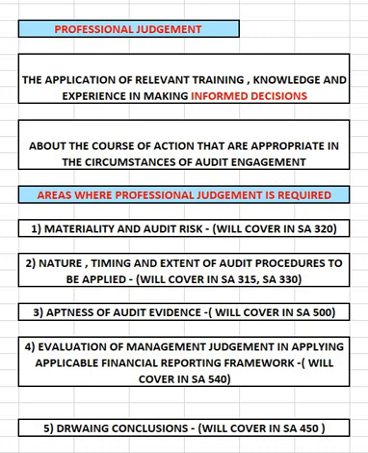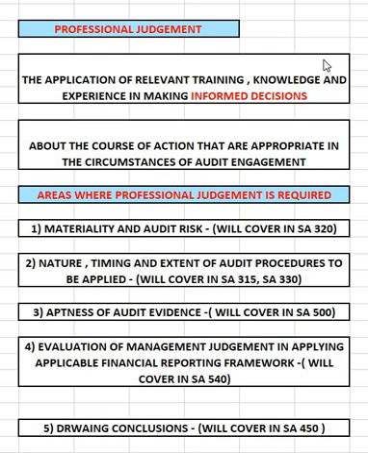So a very easy definition of professional judgment: the application of relevant training, knowledge and experience in making informed decisions about the course of action that is appropriate in the circumstances of the audit engagement. You have to take a course of action, but the course of action should be what?